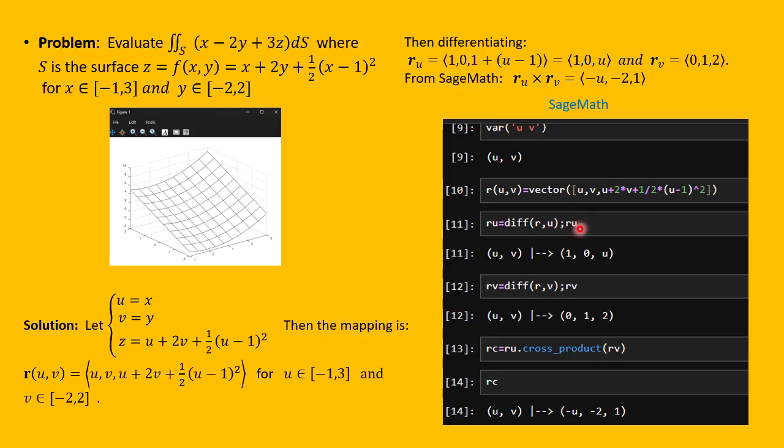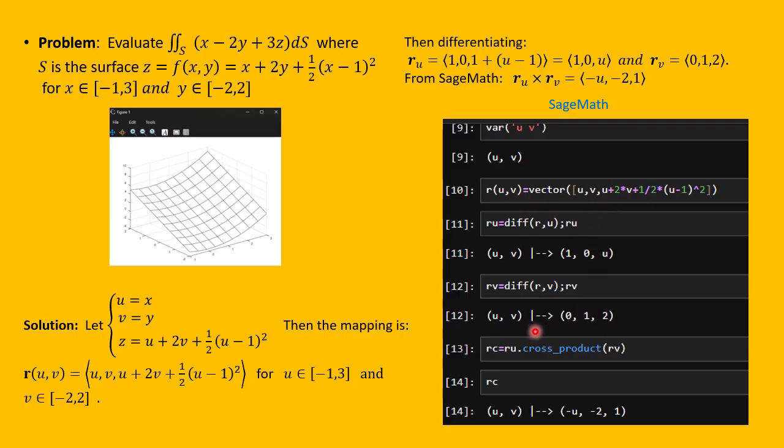Then we'll print out what the value of ru is, and it tells us that it's going to be 1, 0, and u, which is what we have up here. We'll do something similar with differentiating with respect to v. Rv will be the partial derivative of r with respect to v, and then semicolon is the end of that command. Then we'll print out the value of Rv, and it turns out to be 0, 1, and 2.